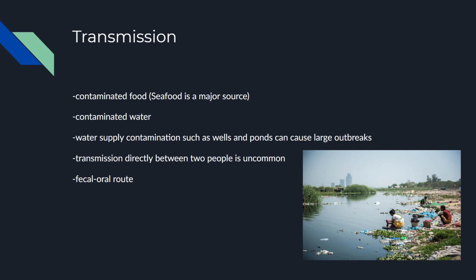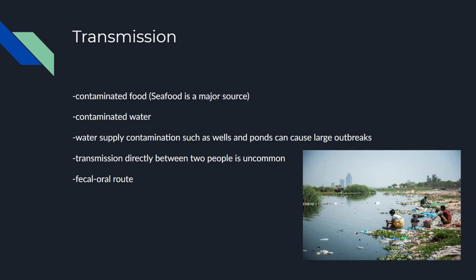Now, the way this is transmitted is through contaminated food and water. For food, it's usually undercooked, and sometimes seafood is a source of it. When it comes to water, large outbreaks in certain areas can be caused by communal water sources such as pools or wells. This disease is pretty common in places like India.